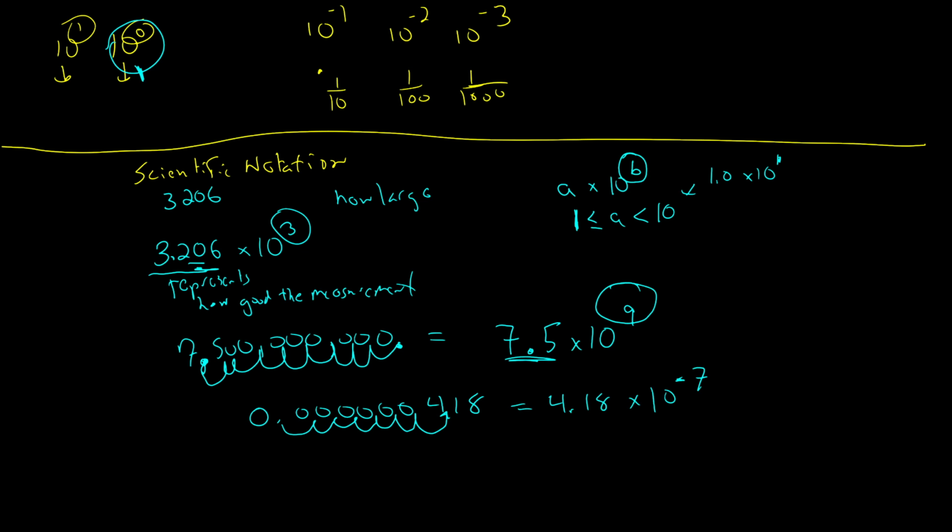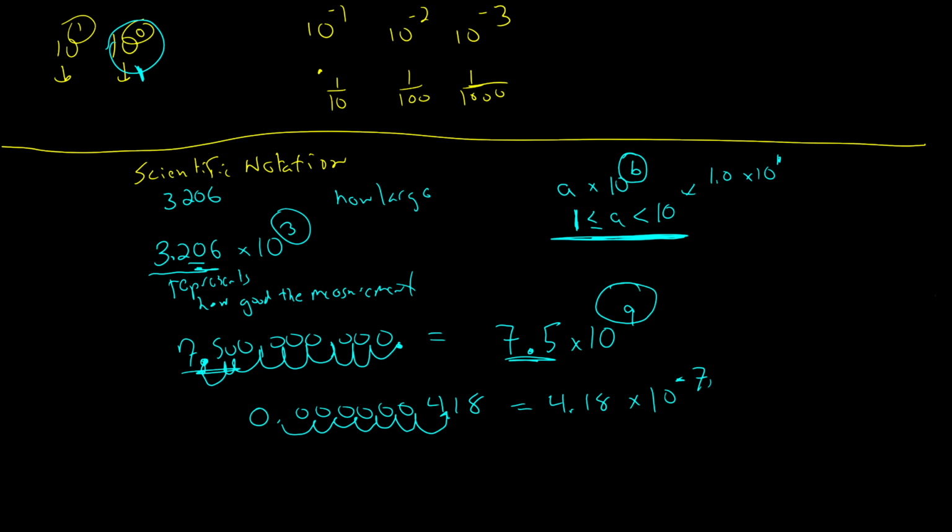And so we kind of have two rules. We move the decimal point until our number is between 1 and 10. And if we moved it to the left, the number of places we've moved it to is positive. Okay, and so we get a positive 9. If I've moved it to the right, the number of places is negative.